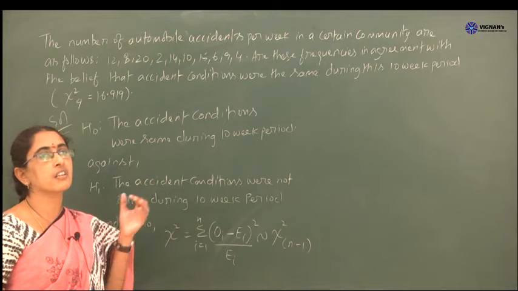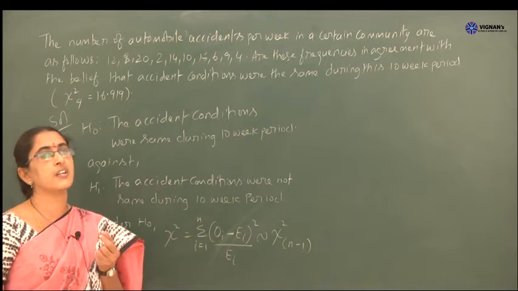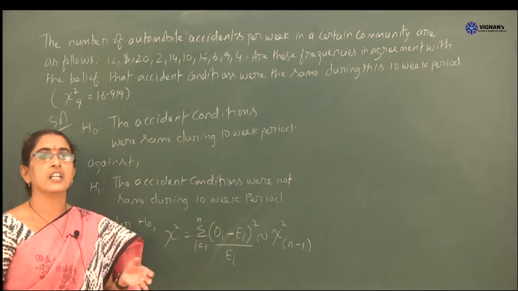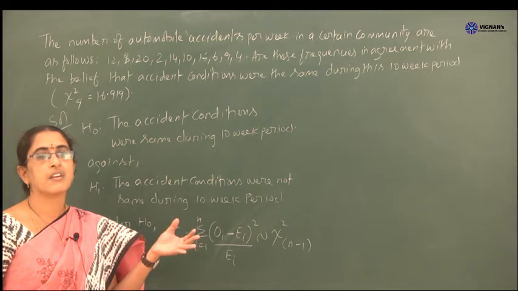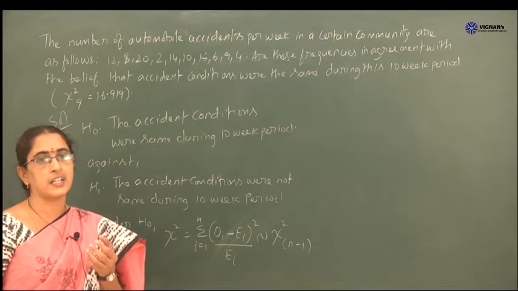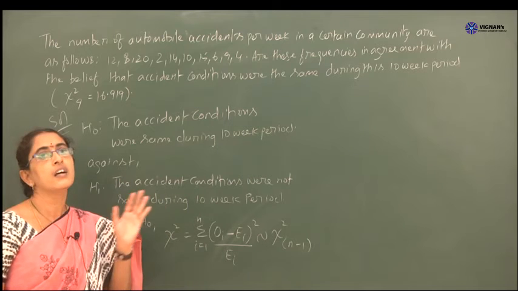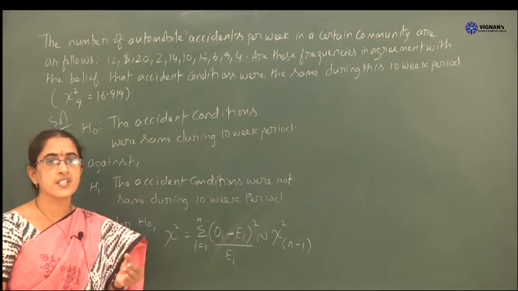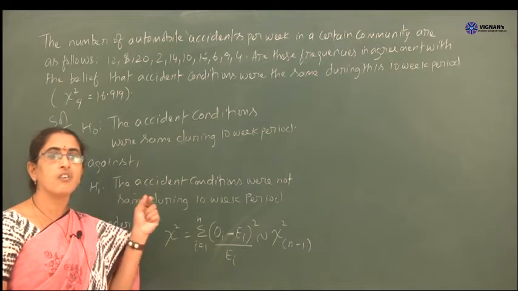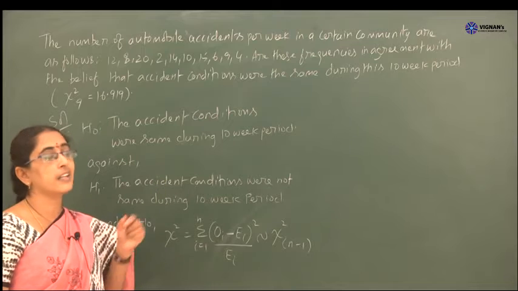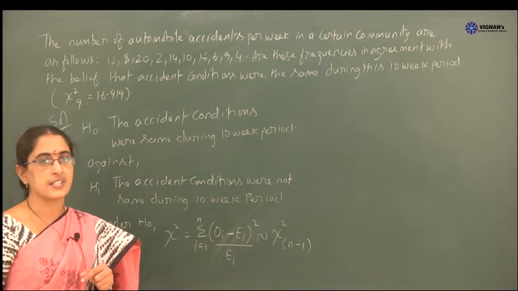Because we are not using the word sample size. If we are using the word sample size, then definitely we have to use either the t-test, F-test or chi-square for variance. But here we are just taking the data, the frequencies only. So that is one way of identification for the chi-square test with equal frequencies.